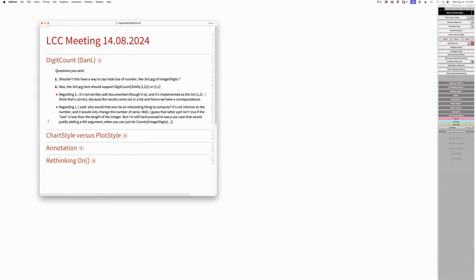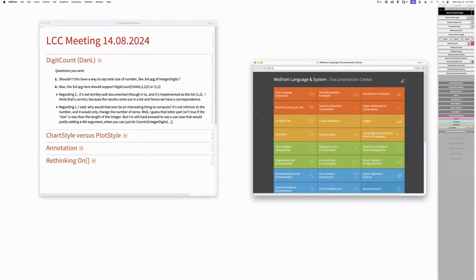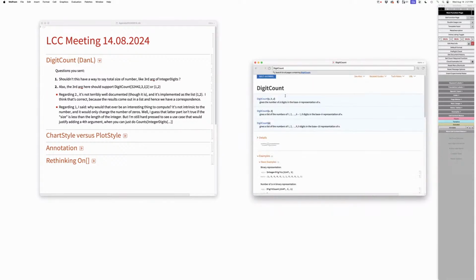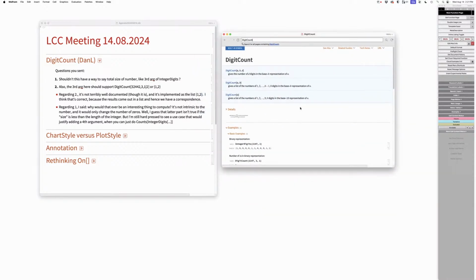Right. So you sent two questions. One was, shouldn't this have a way to say the total size? And yes, for leading zeros and so on. Right. What I guess my question is, why would you ever want that?